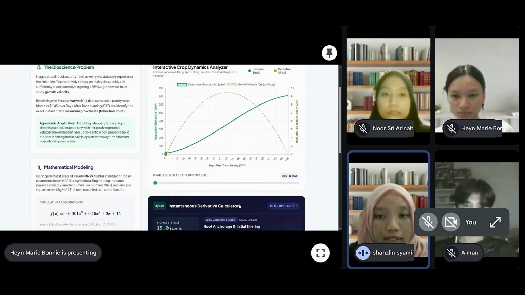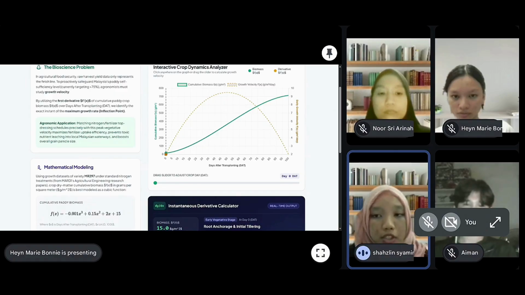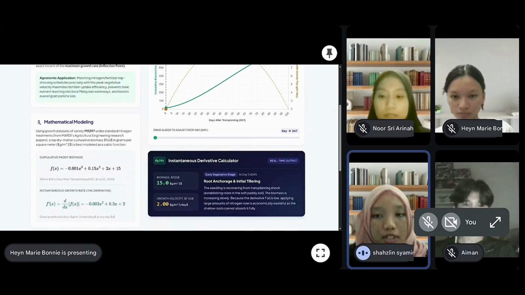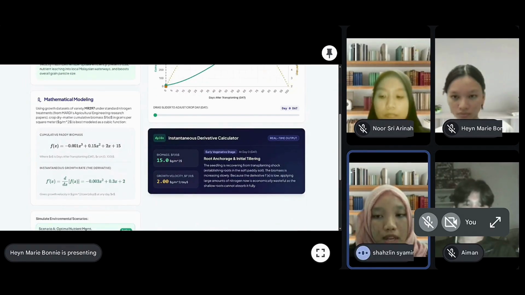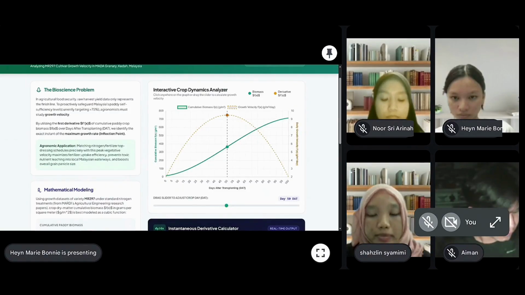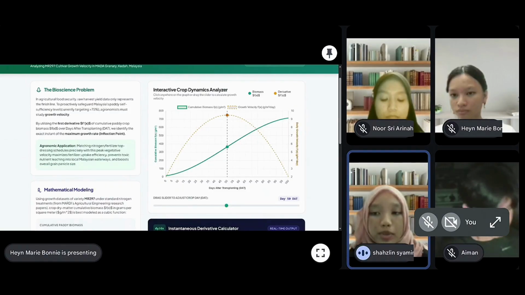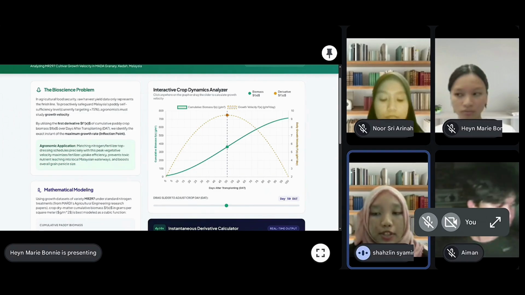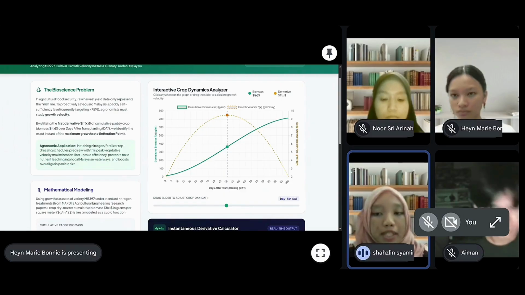Starting at day 0, right at the moment of transplanting, our real-time calculator shows an initial biomass of 15 grams and a starting growth velocity. Next, as we drag the slider forward to day 50, we encounter the most critical biological milestone of the model.